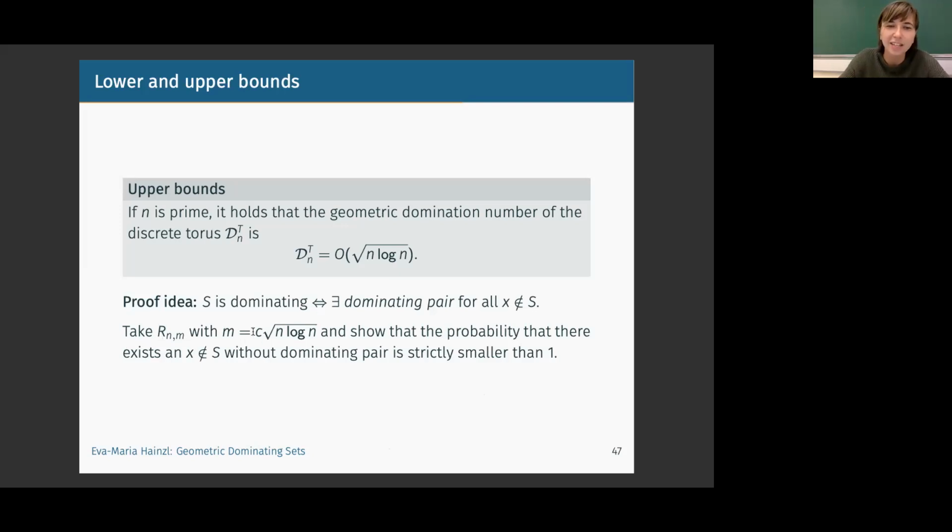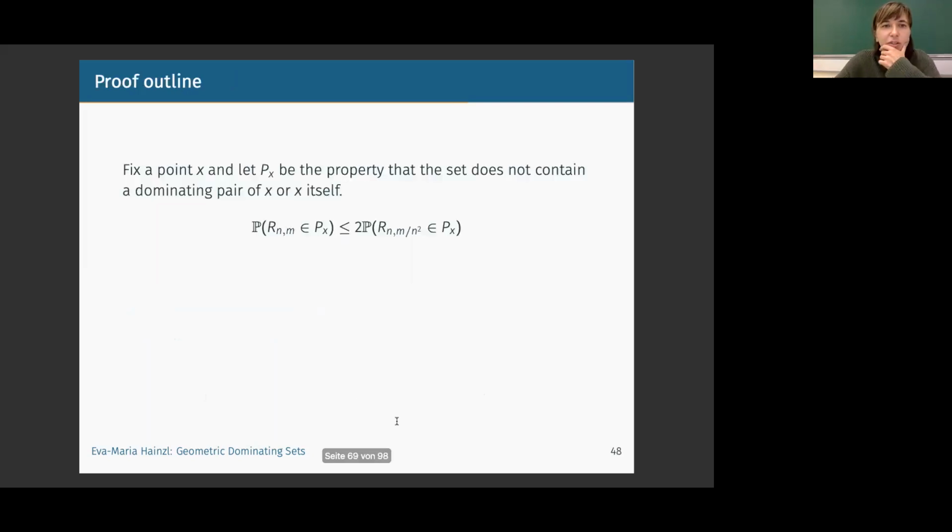And later we will find out that this m is some constant times square root of n log n. And we show that the probability that there exists an X that is not in R_m without a dominating pair is strictly smaller than 1.